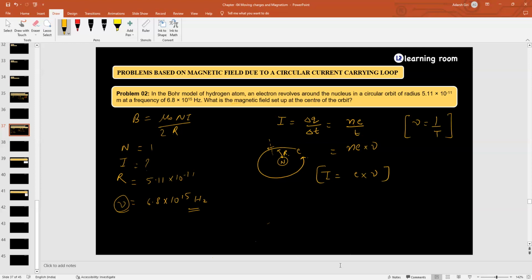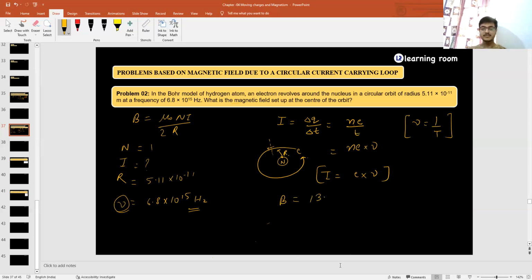So 13.34. Considered 13.4 is the exact answer. Who said that? Sir, Darshini. Okay, good. So magnetic field, please somebody else also do the same.